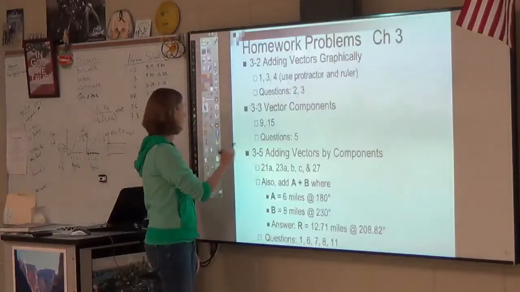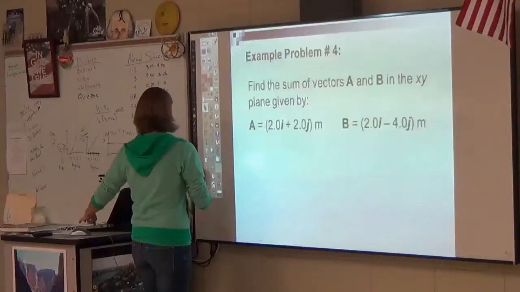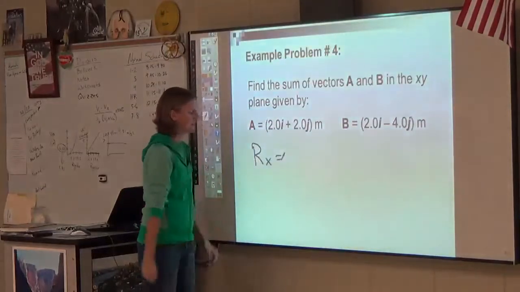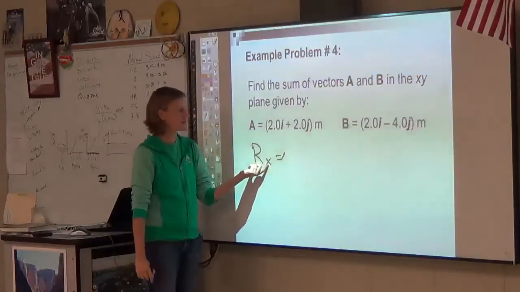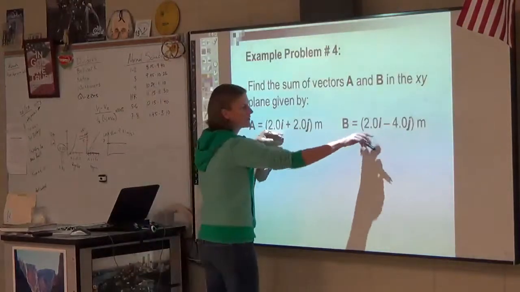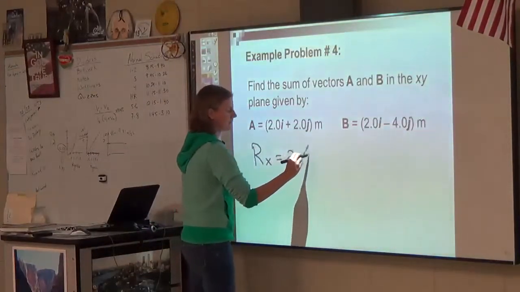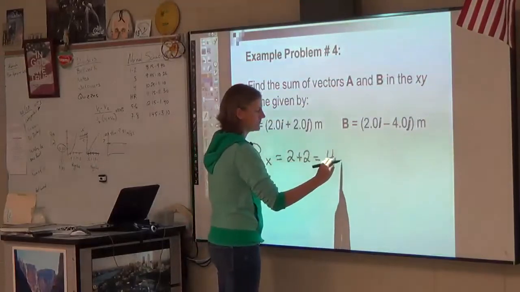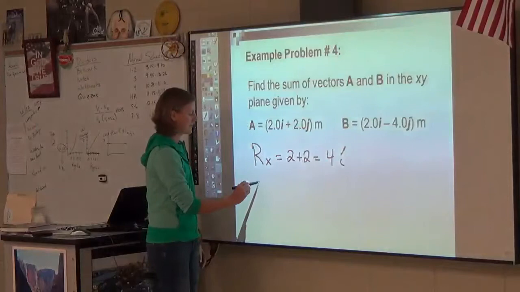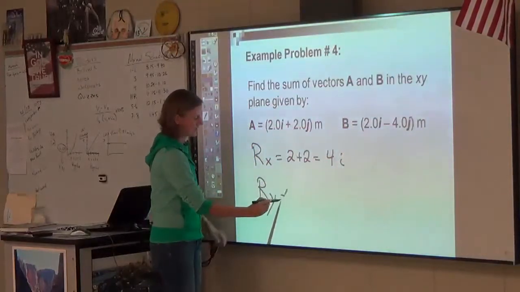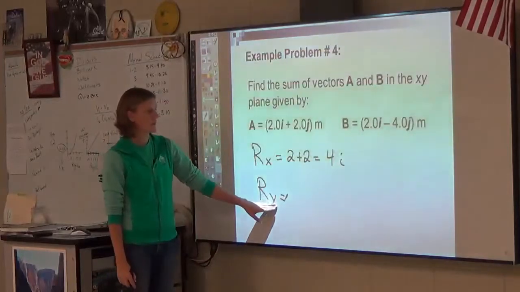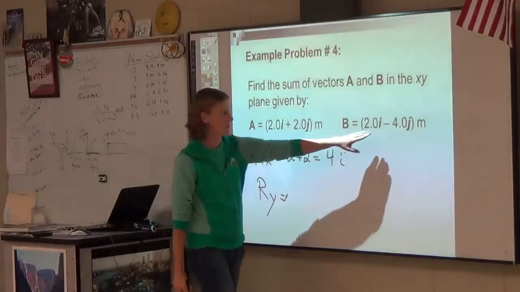So the total x component would be given by what? Yeah, 2 plus 2. And that was positive. I don't really need the i, but I've already got it indicated by the x. And the total y component would be 2 minus 4.